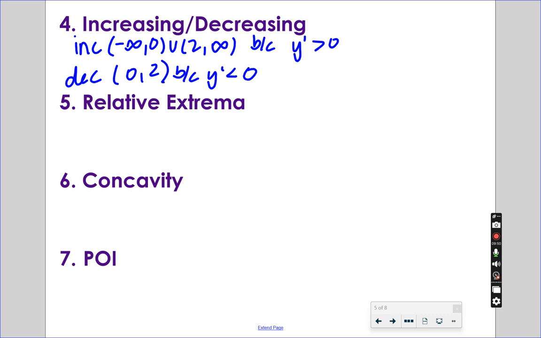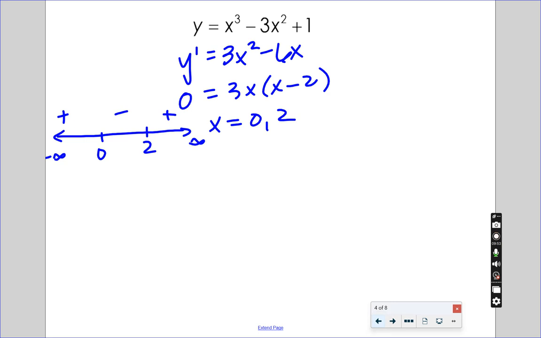Do we have any relative extrema? We plug into the y values from the original function. So what do I get when I plug in 0?